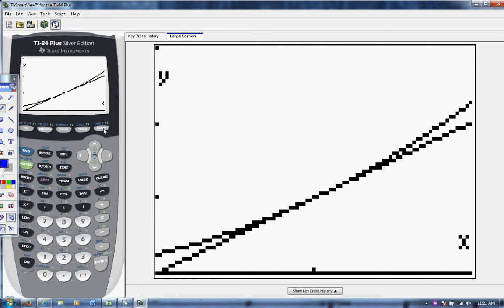And that, my friends, is the concept of linearization.